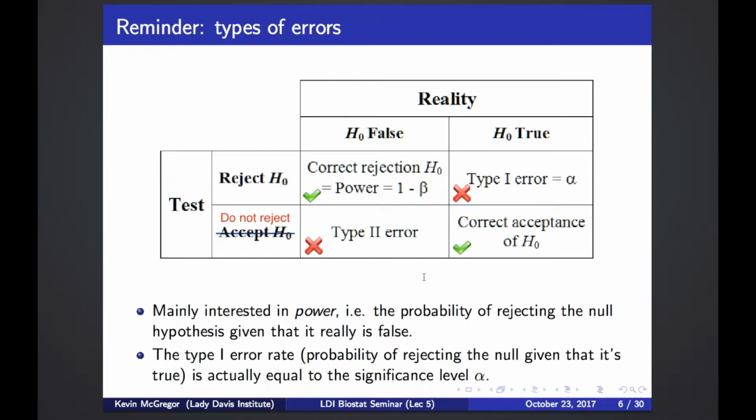But there's a catch here, because there is a very, very easy way to ensure that the power is as high as possible. And that would be to just declare every single association significant right off the bat, no matter what you see. By doing that, you would guarantee yourself 100% power.